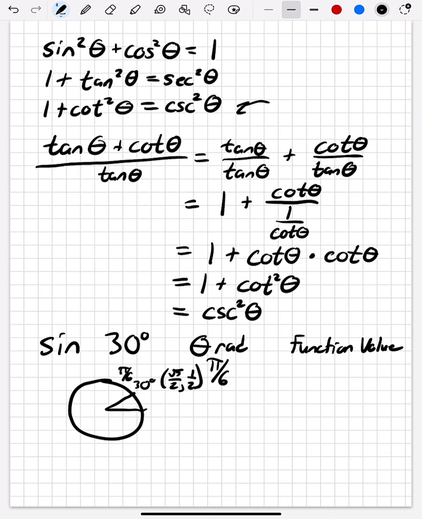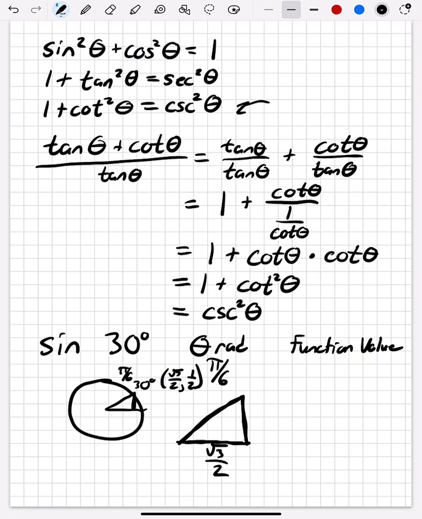Okay. Well, how do I answer this function value? Well, let's look at this as a triangle. So instead of on a circle, let's look at it like a triangle. Which, as you can see, I've kind of got a triangle drawn there. Well, I know that square root of 3 over 2 corresponds to my x direction, which is here.